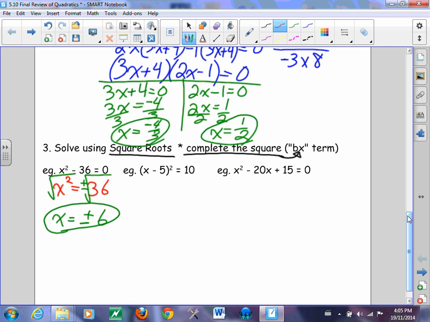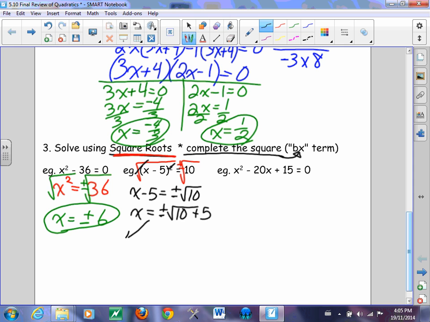All right, second example. We still have the squared bracket by itself, so we can automatically do the square rooting. Okay, so we're going to take the square root of both sides. Remember, when you square root and you're squaring, those cancel. So you got x - 5 equals plus or minus root 10. All right, then we're going to move the negative 5 over to become positive 5. Then you split it into its two cases.